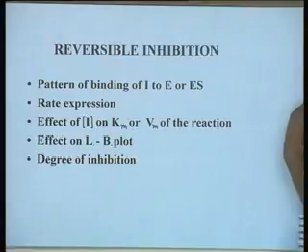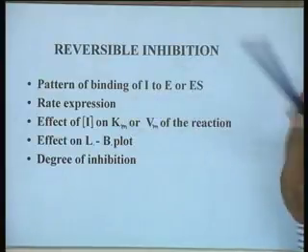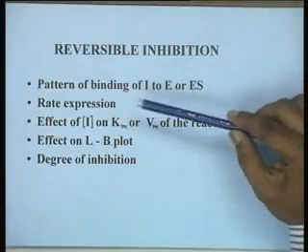That means the enzyme reaction rate is modified, reduced rather, to a new state in the presence of those inhibitor molecules. Based on that mechanism, a rate expression is evolved, which also has characteristic features for a particular class of inhibitor.